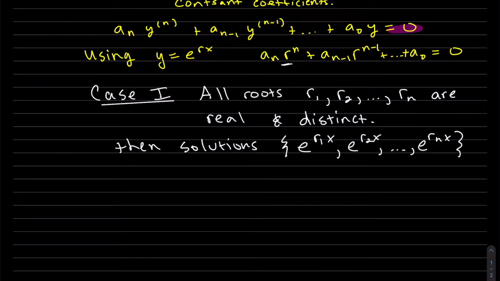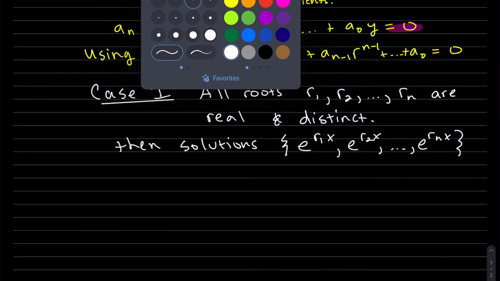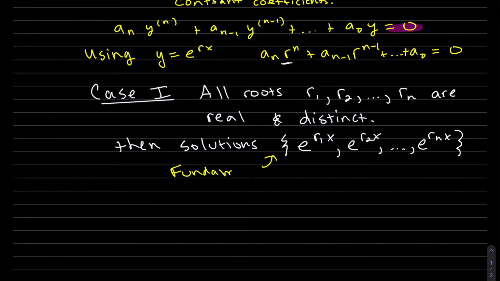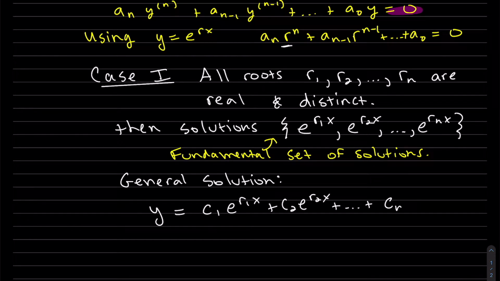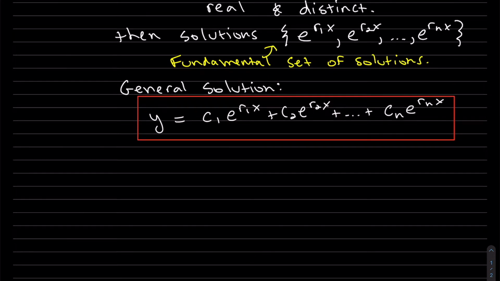So that's our fundamental set. And so our general solution is y equals c1 e to the r1x plus c2 e to the r2x plus cn e to the rnx. Done.